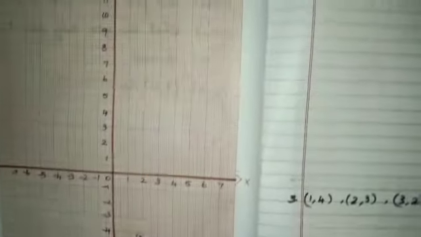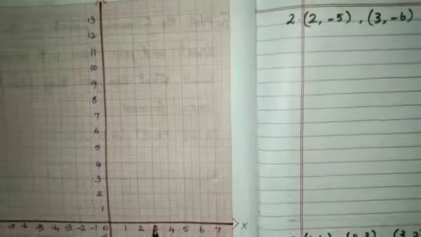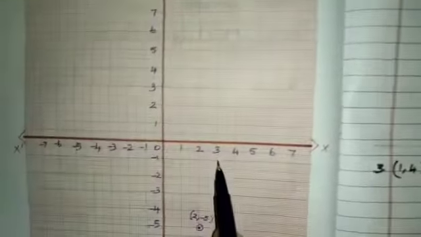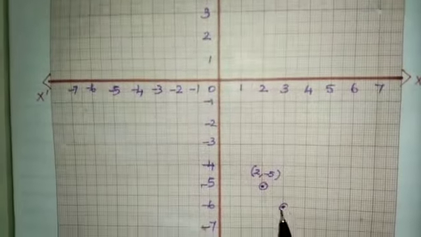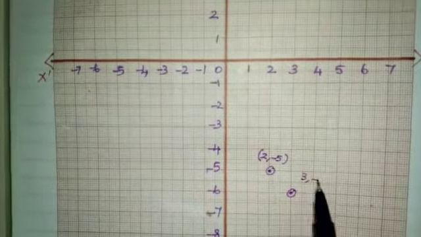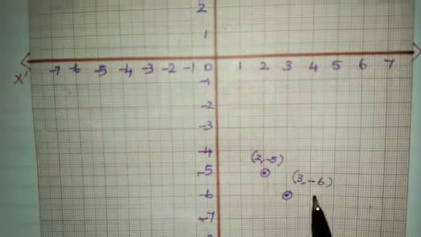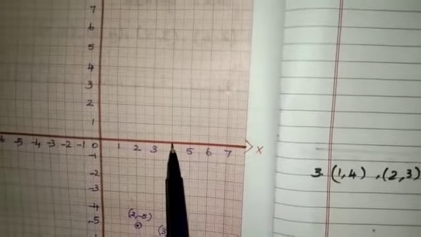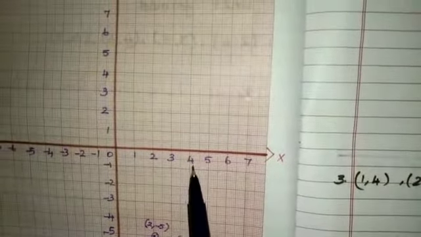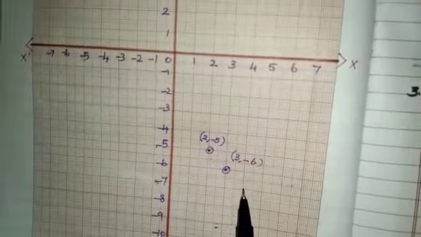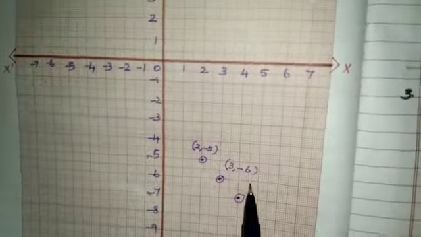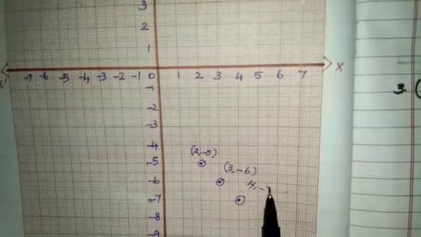Next point is (3, -6). So -6 means below the line. So 1, 2, 3, 4, 5, 6. This is (3, -6). Next point is (4, -7). On the x-axis 4, -7 means below the line. 1, 2, 3, 4, 5, 6, 7. This is (4, -7).